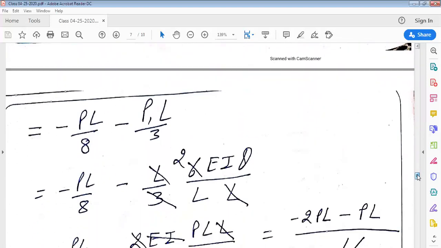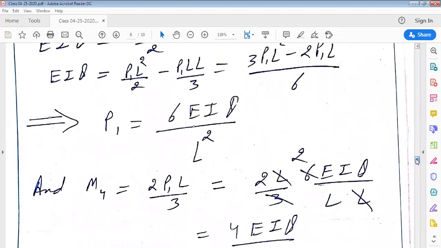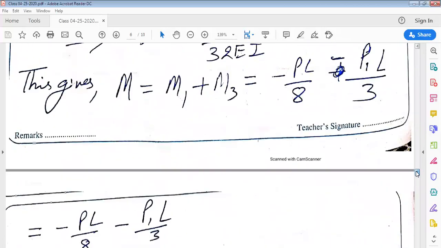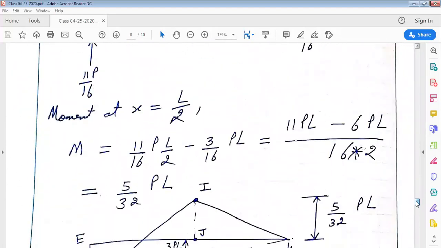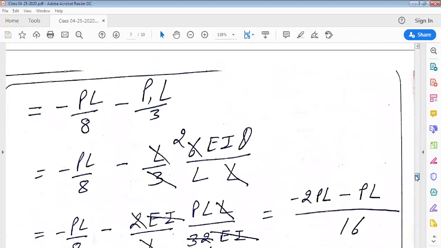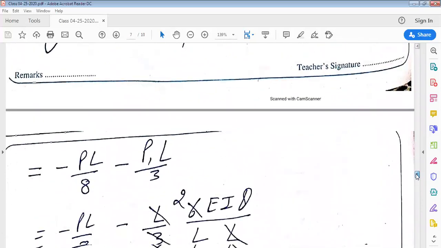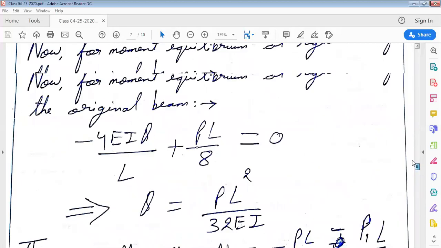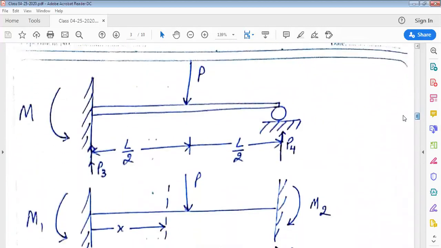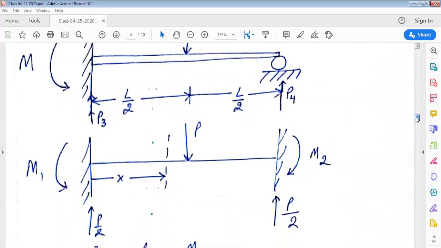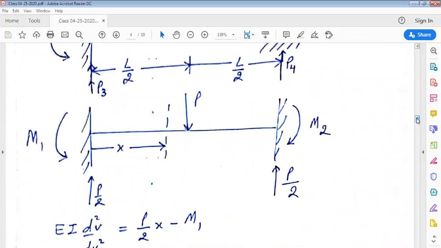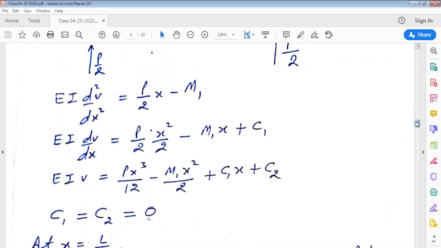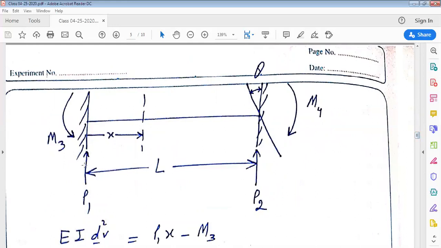So substituting the value of P1, which we had derived 6 EI theta by L square, and also putting the value of theta, we get capital M equal to minus 3 by 16 into capital P into capital L. Also, capital P3, that is a reaction at the left end of the original configuration, is equal to P by 2, which is a reaction at the left end of this configuration, plus capital P1, which is vertical reaction at the left end of this particular configuration.